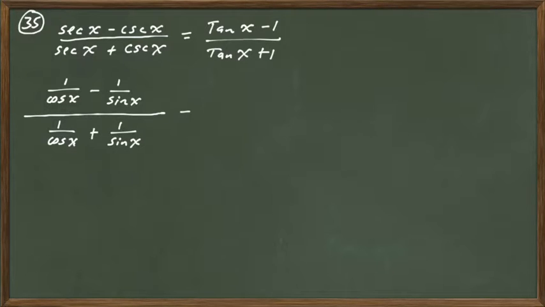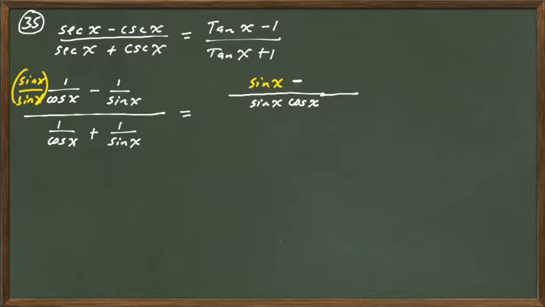In the numerator, you need a common denominator. What would it be? Cosine times sine or sine times cosine, right? There's a minus. This one needs what? I believe it needs a sine. And when you multiply the top, I think you get a sine of x.